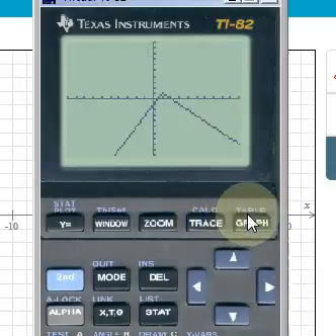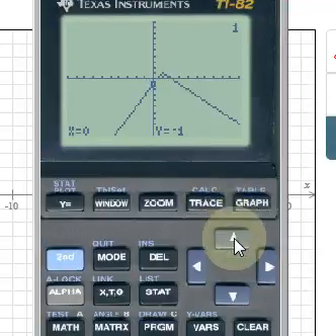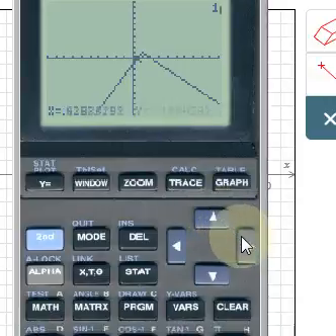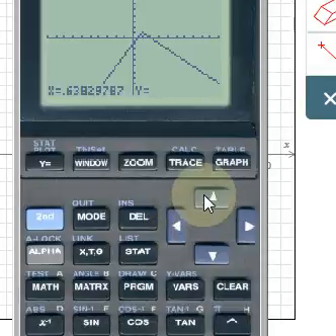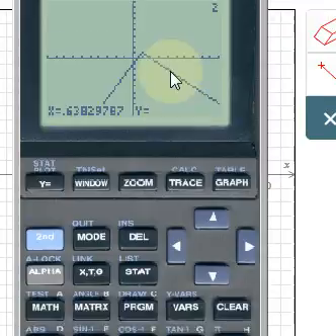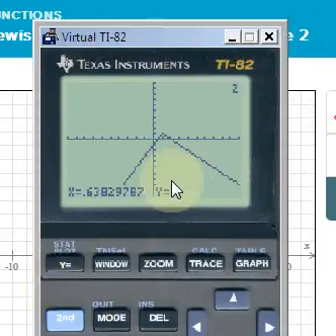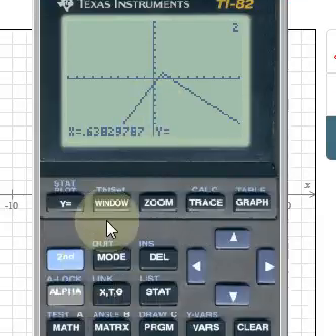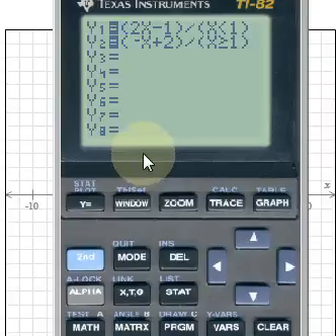I'll go to the graph to get a better look at this. Y2 is this one. This line is Y2. You can see 2 right there, and it changed to 1 by the other line. So that means that there is Y2, so you look at it and you do that.